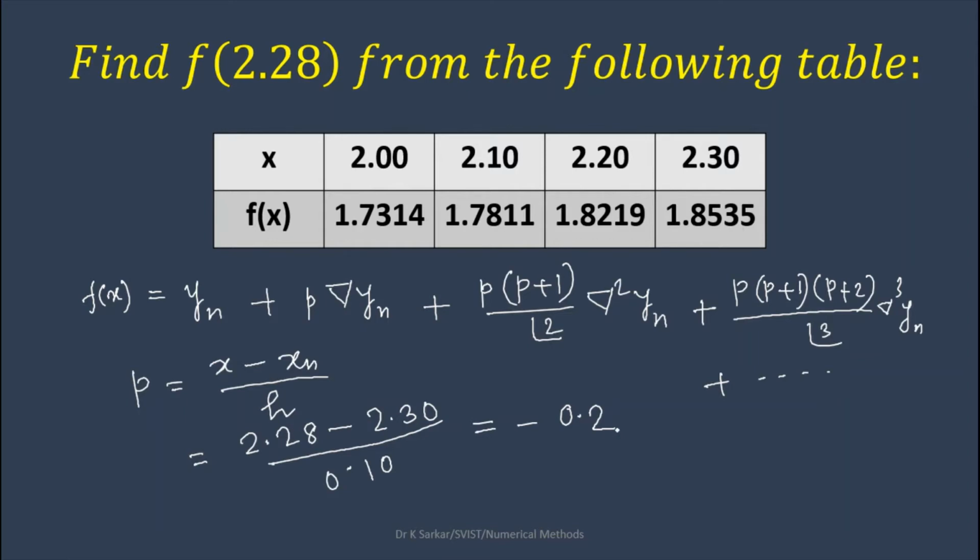Now let us find the backward difference table, which is similar to the forward difference table.